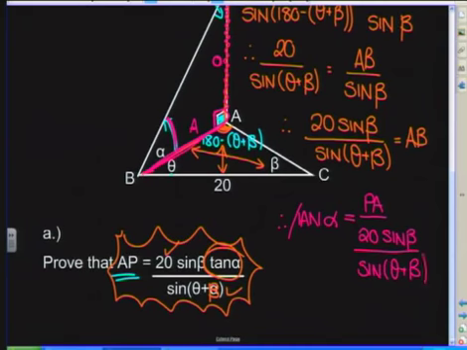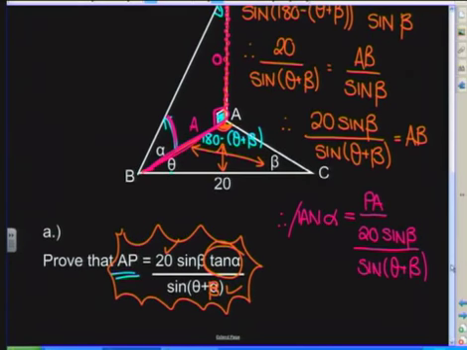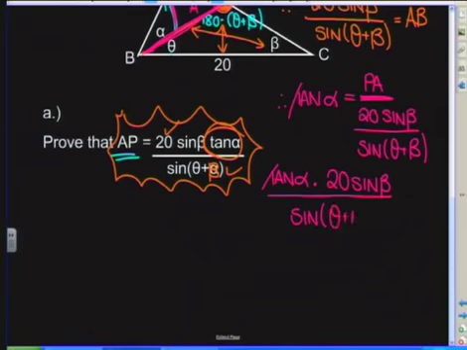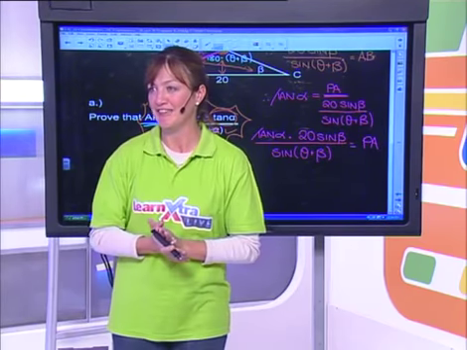So final step, we want to get PA on its own, and what do we do instead of dividing? We multiply. So we say tan alpha multiplied by 20 sine beta over sine of theta plus beta, and that equals your PA.